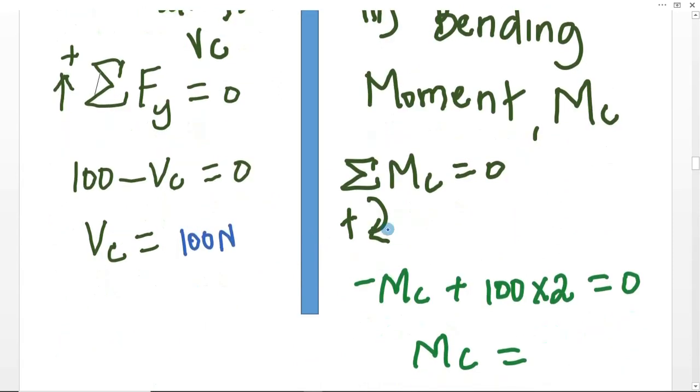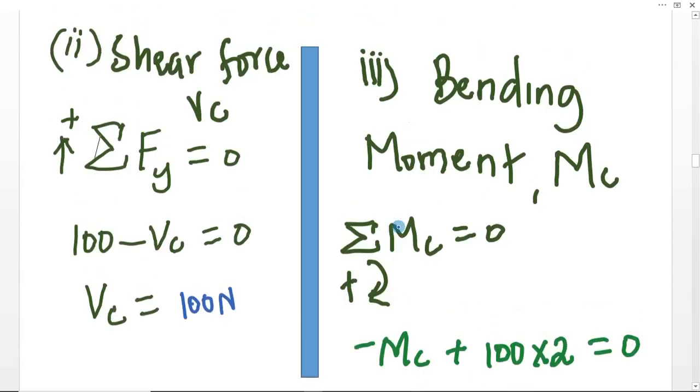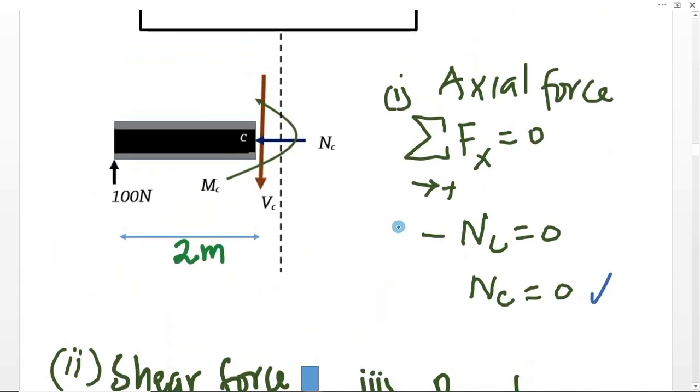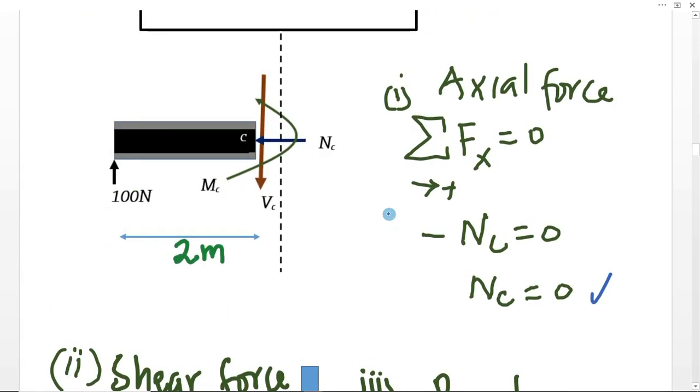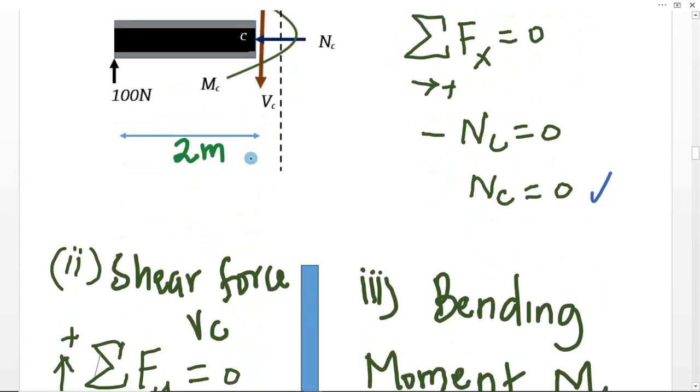So the sum of the moments is equal to 0, considering clockwise moments to be positive. So MC is pointing in the negative direction, that is the anti-clockwise direction, and 100 is pointing in the clockwise direction. The perpendicular distance from the line of action of 100 newtons is 2 meters from point C.